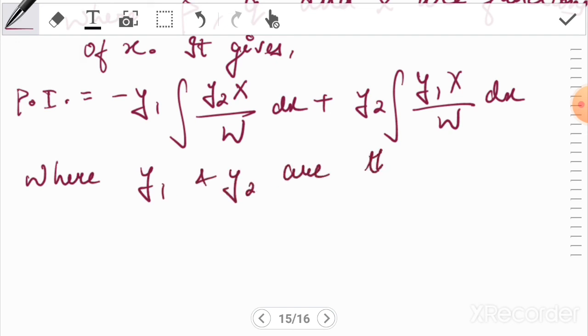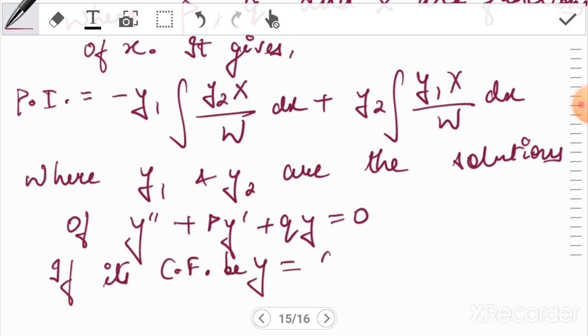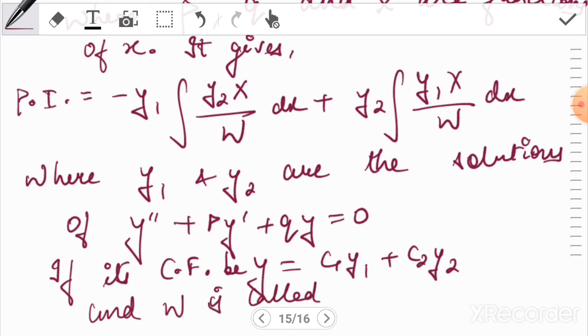where y1 and y2 are the solutions of y double dash plus p y dash plus q y is equal to 0, if its complementary function is given as y is equal to c1 y1 plus c2 y2, and w is called Wronskian of y1, y2.